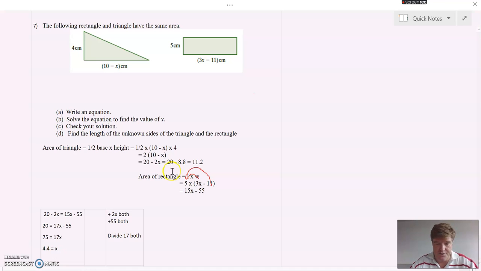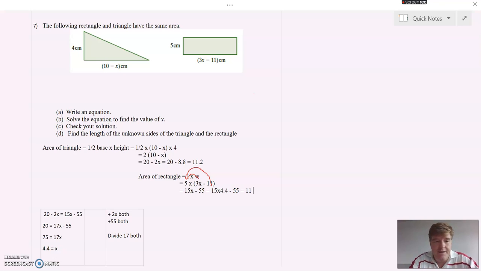That equals 11.2. The area of the rectangle, let's say it is, 15 times 4.4 minus 55, and that also equals 11. There's a little bit of rounding error, but that's not going to be a big deal. That's just because I've put it to one decimal place rather than two decimal places. It's 4.412.